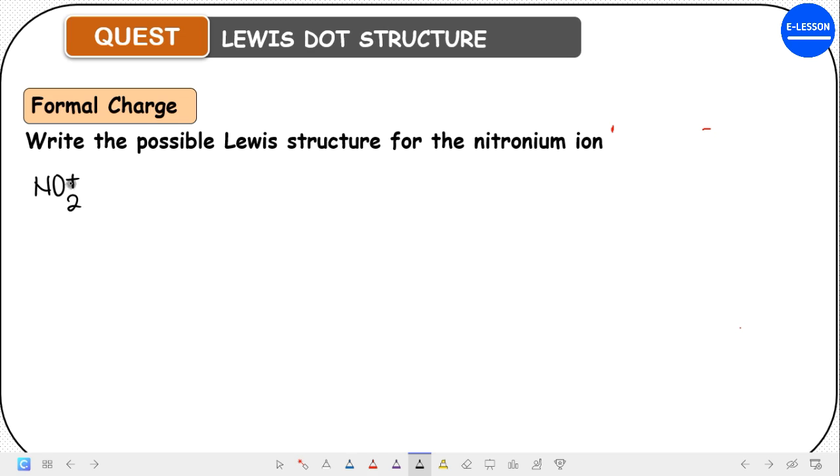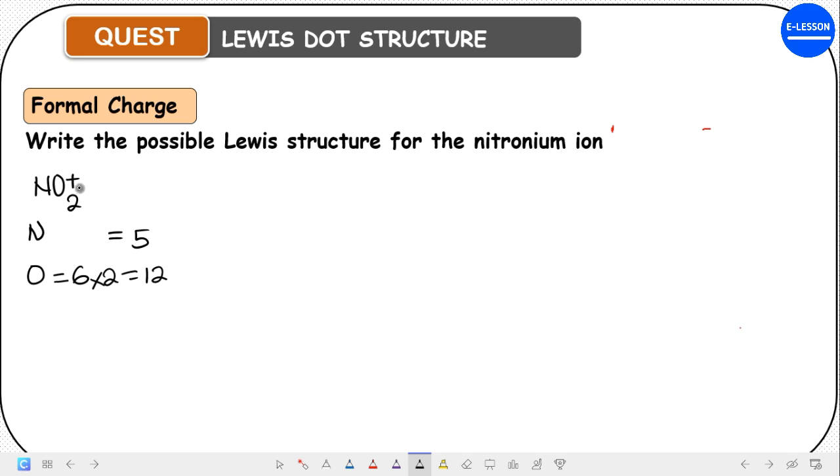So let's go. We have NO2 plus. Nitrogen is a group 5 element, so nitrogen is equal to 5 valence electrons. Oxygen is group 6, and hence oxygen will have 6 valence electrons. But we have 2 oxygens here, so you have to multiply this by 2. 6 times 2 will give us 12. Now, what does this plus mean?